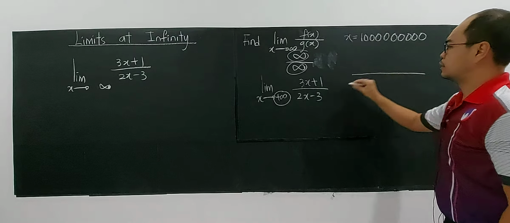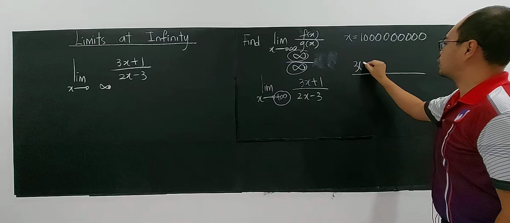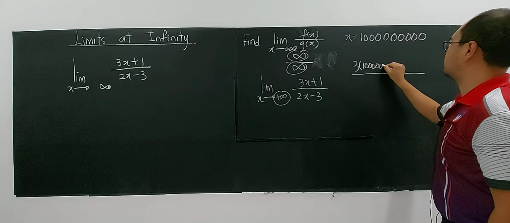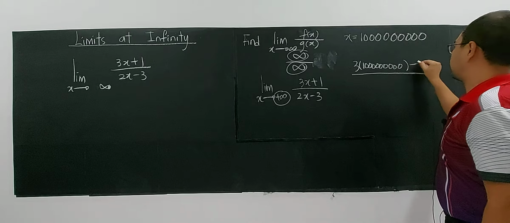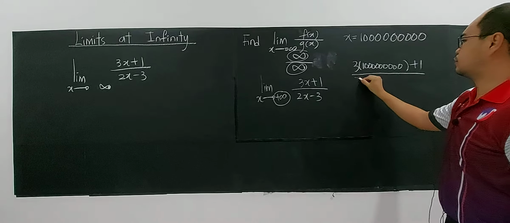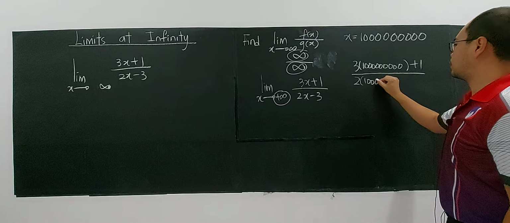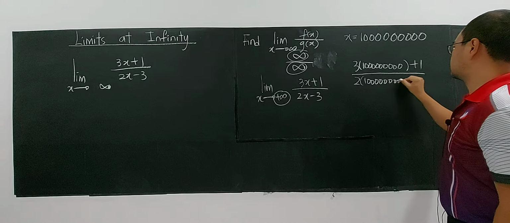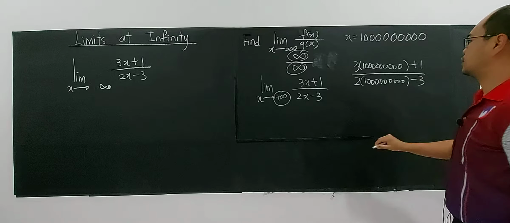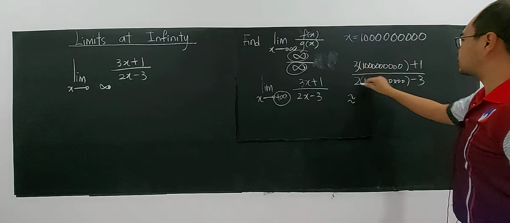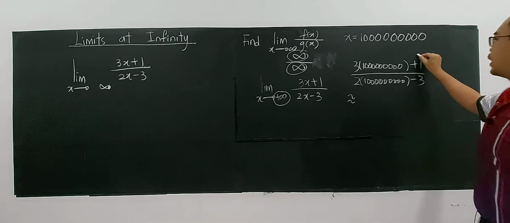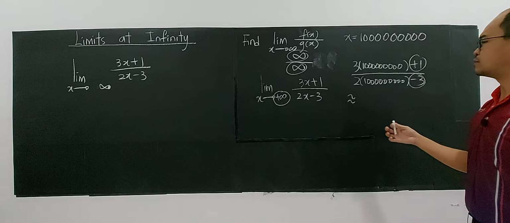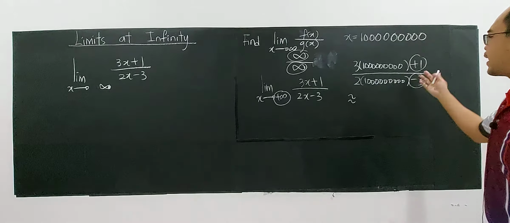What happened? You try to think about it. What happens when you have a very big number, 3 times 1, 2, 3, 4, 5, 6, 7, 8, 9, plus 1, and 2 times 1 billion minus 3? What is the value of this outcome here? The plus 1 and the negative 3 actually have no effect on this number.